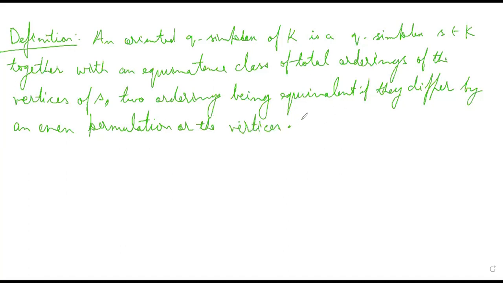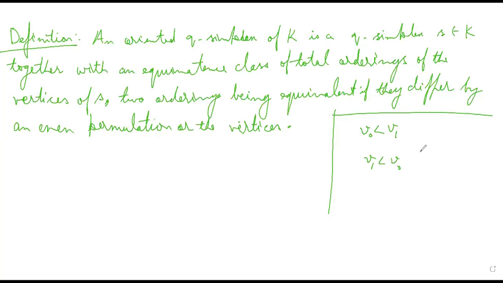For example, if we consider this ordering and this ordering, they don't differ by an even permutation.